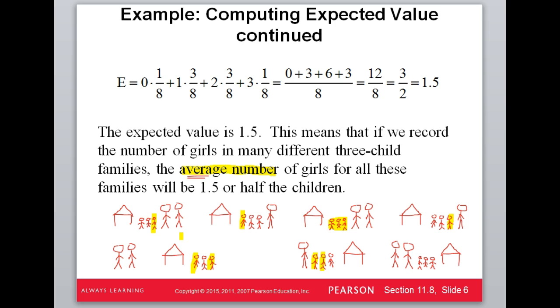So if a family plans to have 3 kids, and there really is a 50-50 chance of a boy and a girl, then they can expect to have 1 1/2 of each, which again doesn't make sense. You're not going to have a half of a boy or half of a girl, but it's only because of the fact we're having an odd number here. We had an even number.